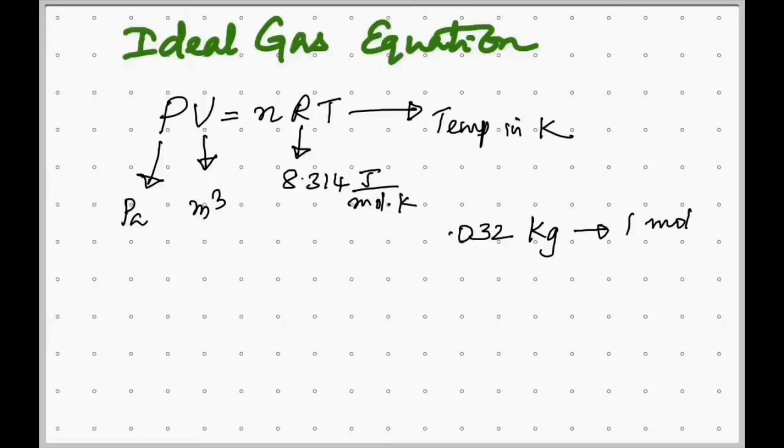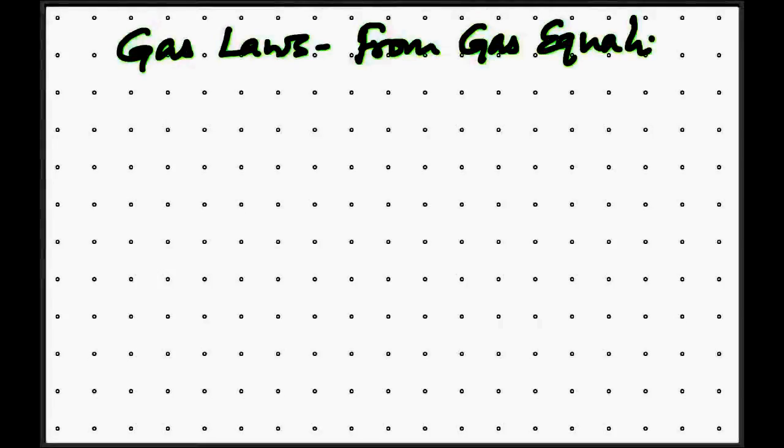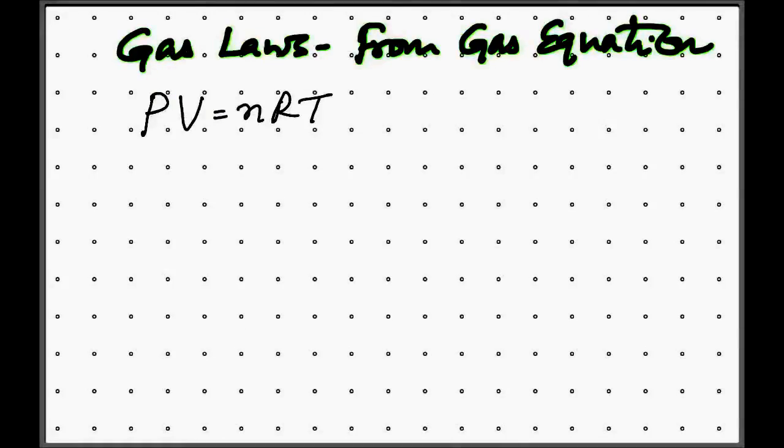All right. And then from that, can you get all the gas equations just from the ideal gas equation? Just the gas equations. P1 V1 is equal to P2 V2. How would you get that? If the temperature is constant, then all of the terms on the right side become constant.